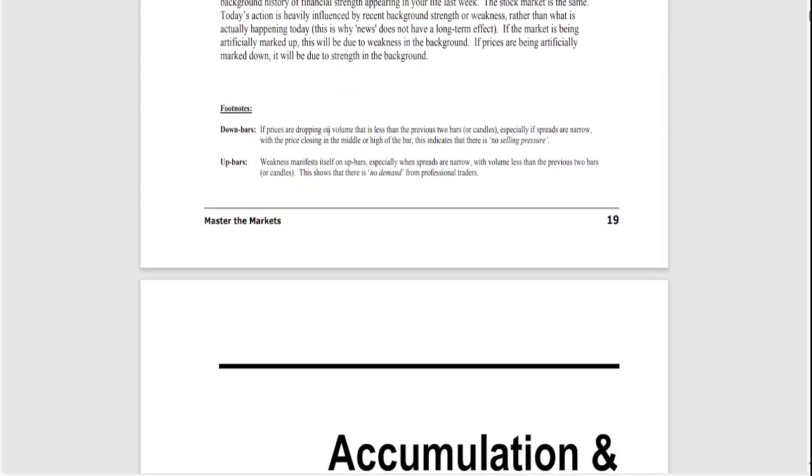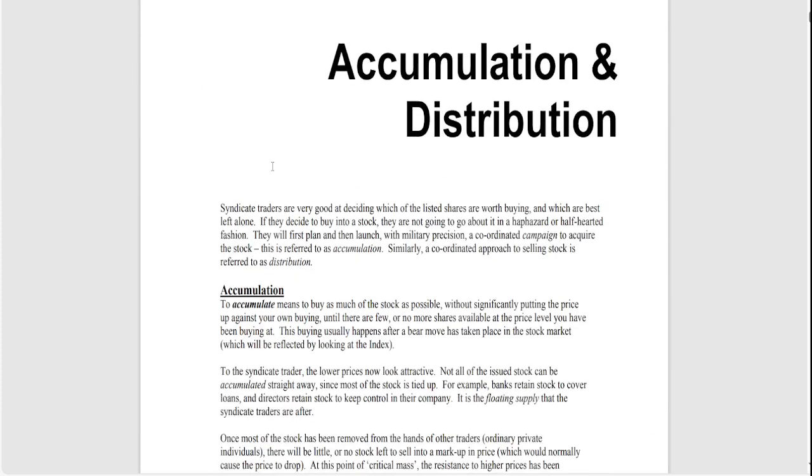If price is dropping on volume that is less than the previous two bars, ignore that. Just read these two things, I will discuss it later.